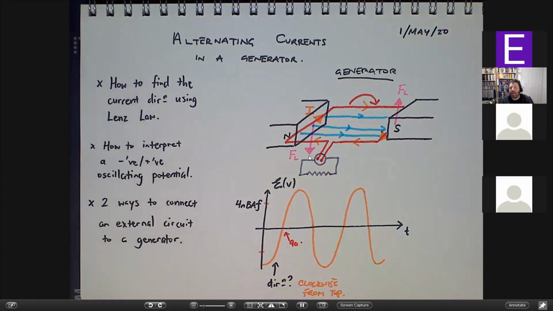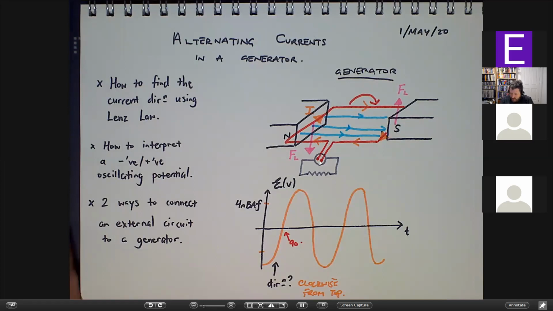So a bit like when we're talking about DC motors, the right hand side here is always going to be the positive. Oh, sorry, I got that the wrong way around. The left hand side is always going to be the positive because that's where the current's coming from, and the right hand side is always going to be the negative because that's where the current is going into.